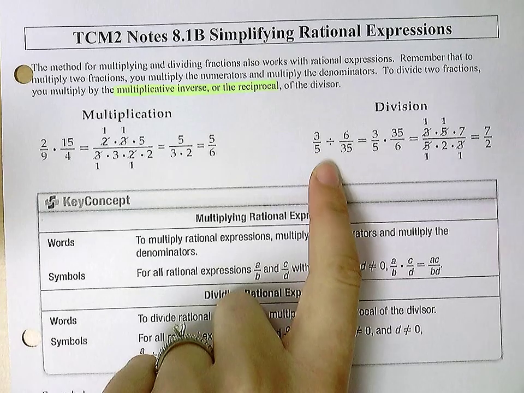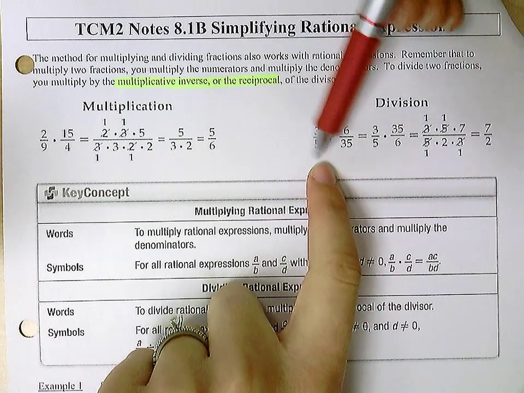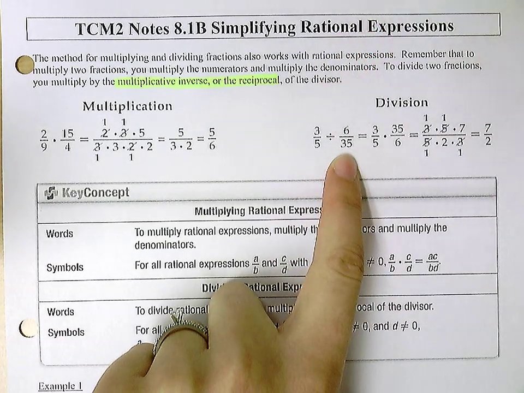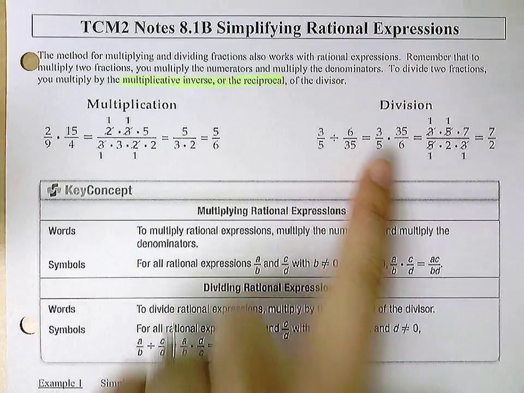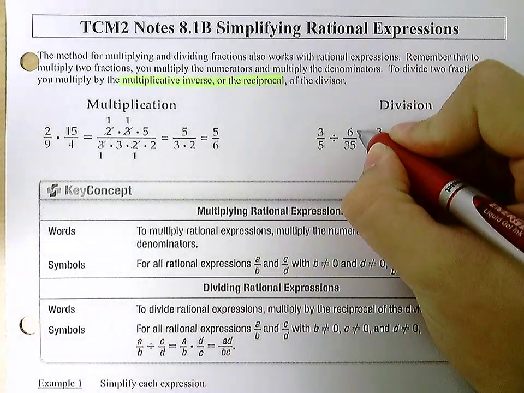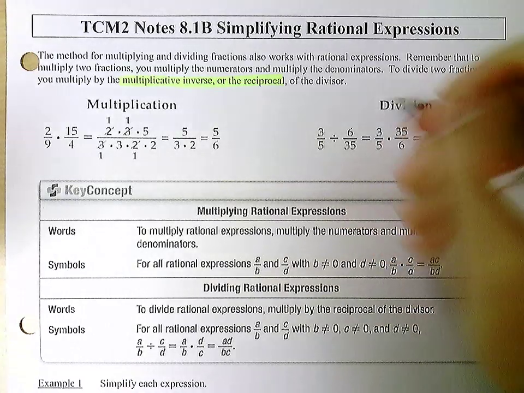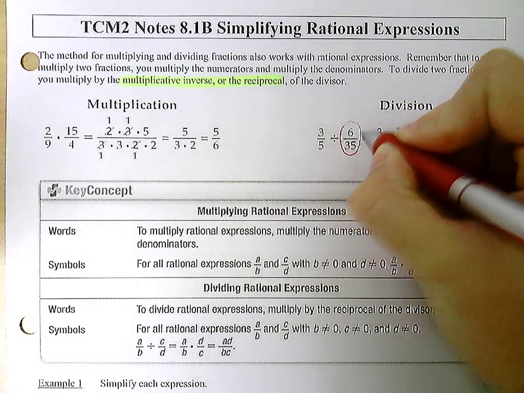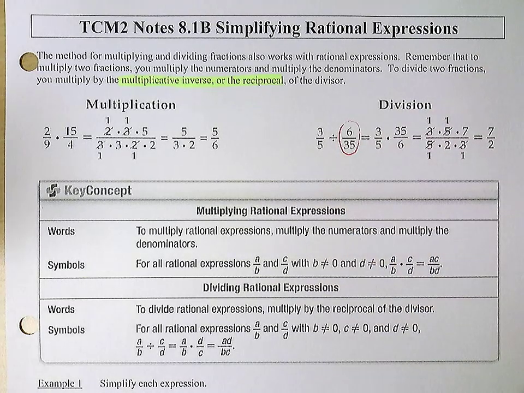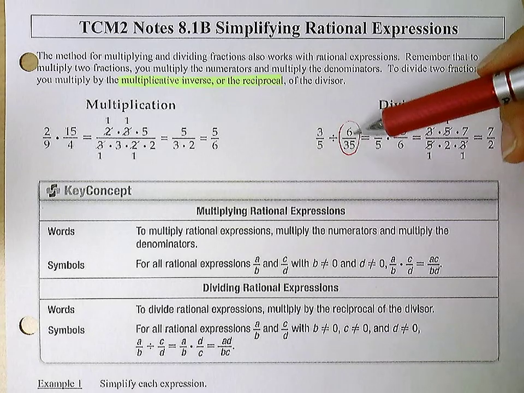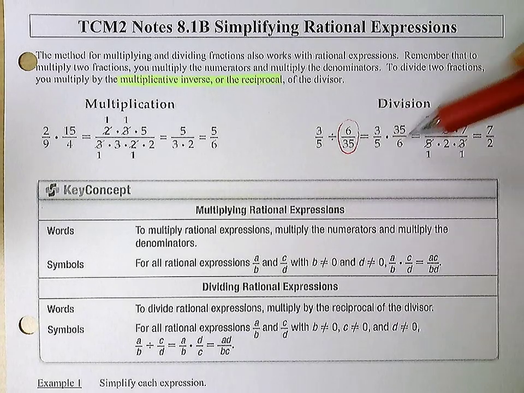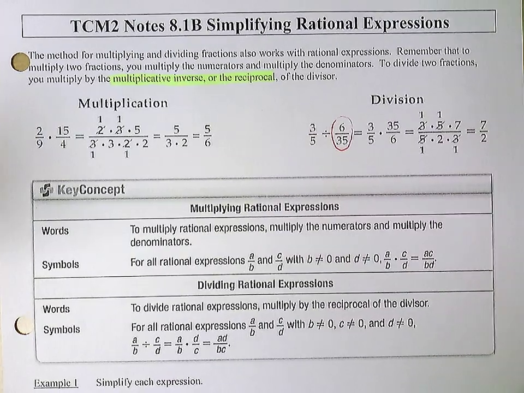Now if you're dividing fractions, I have 3/5 divided by 6 over 35. You need to find the inverse. You need to take the reciprocal of this second fraction here, and turn it into a multiplication problem.